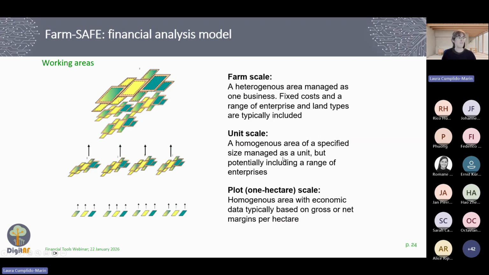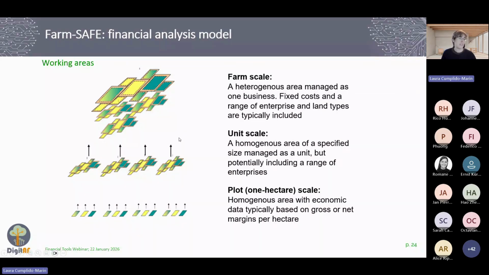Next, I'm going to quickly explain the three working levels of FarmSafe. FarmSafe is a financial analysis model that can work at the farm scale, what we call the unit scale, and the plot scale. The farm scale is a heterogeneous area managed as a single business.